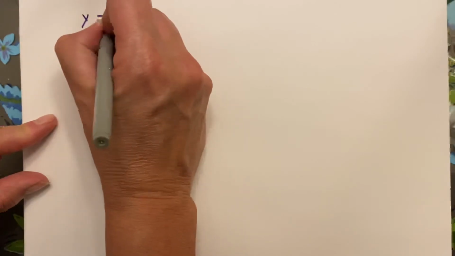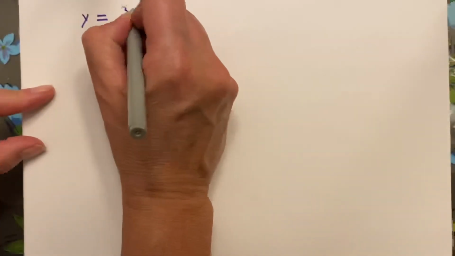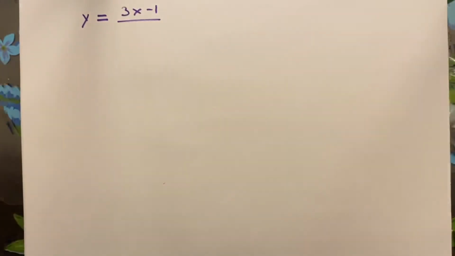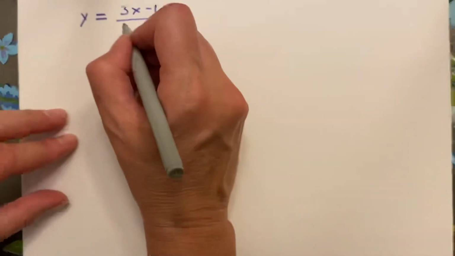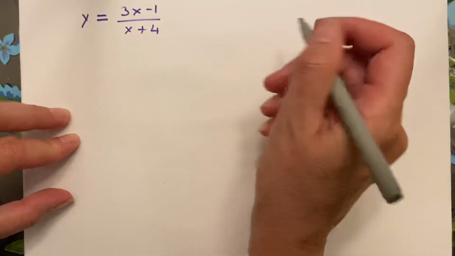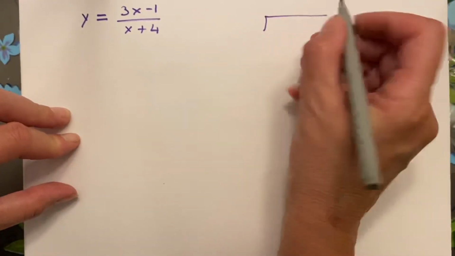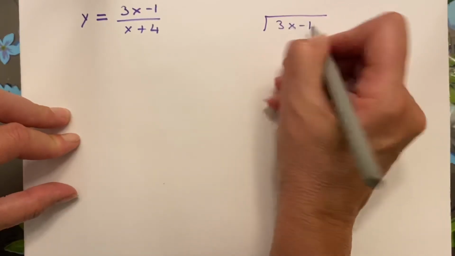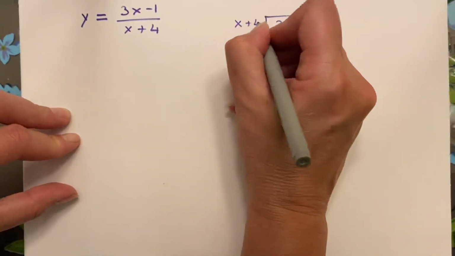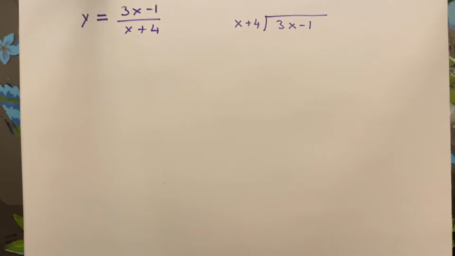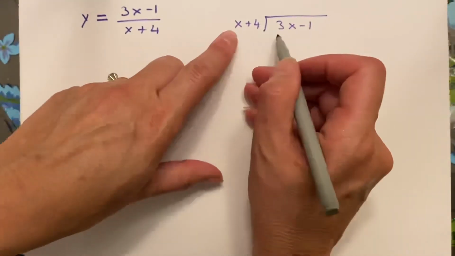So y equals 3x minus 1 over x plus 4. Well, what you're going to have to do first is do a long division. 3x minus 1 divided by x plus 4. And how many times does x go into 3x?